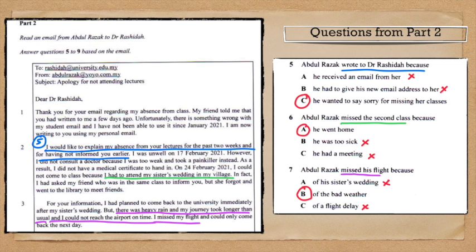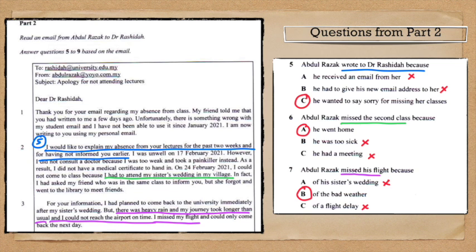Okay, students, let's attempt questions from part 2. As I prefer to read the questions first, let's do it. Look at number 5. Abdul Razak wrote to Dr. Rashida because... So you underline the keyword, wrote to Dr. Rashida, and then because. So you need to find the reason why Abdul Razak wrote to Dr. Rashida.